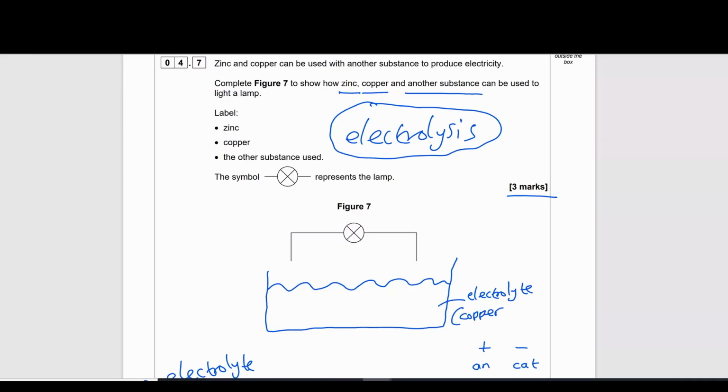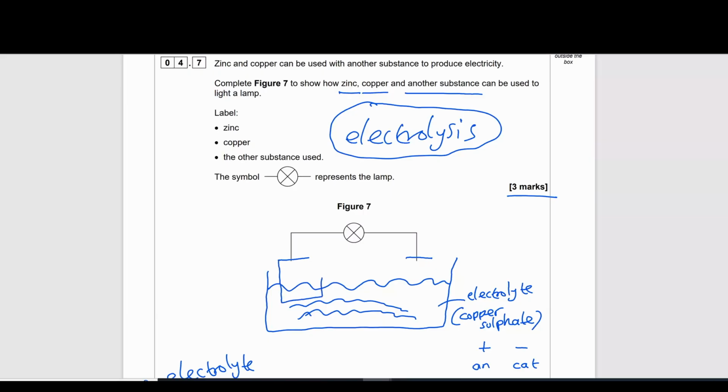So a nice example of an electrolyte can be copper sulfate. So our ions would be freely moving in this container, but they would need to interact with the two electrodes.